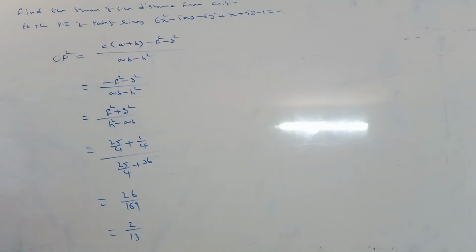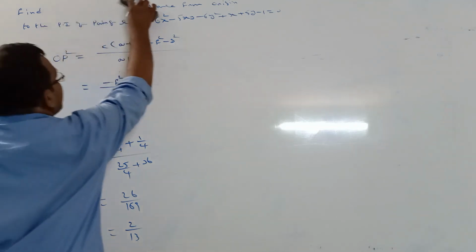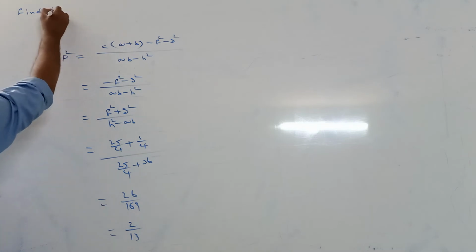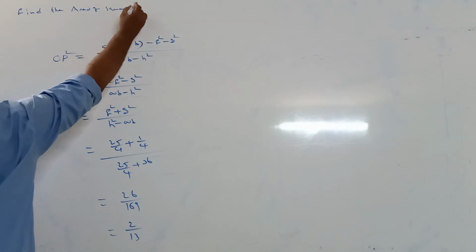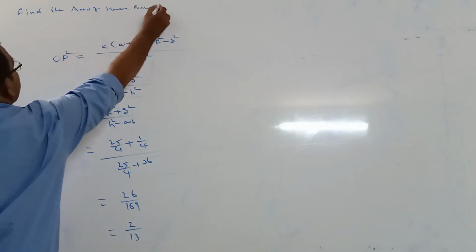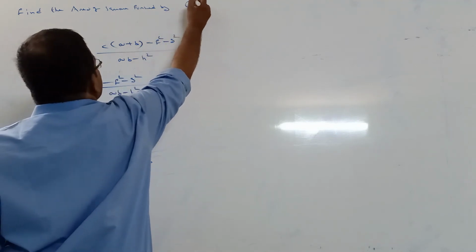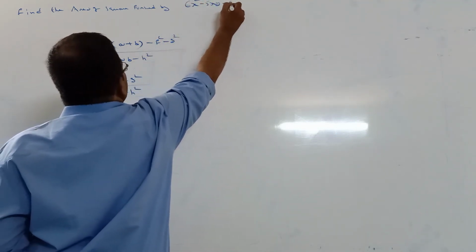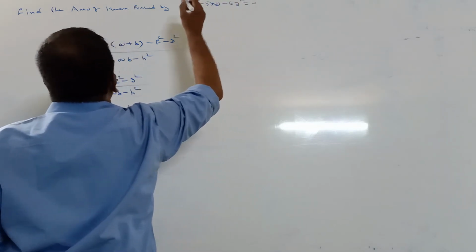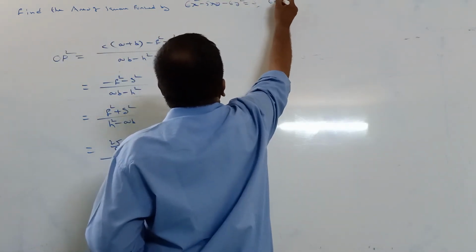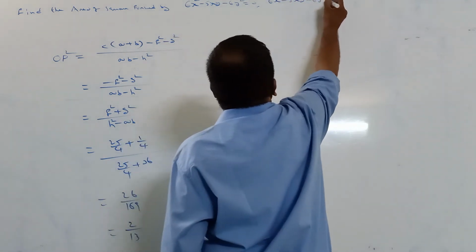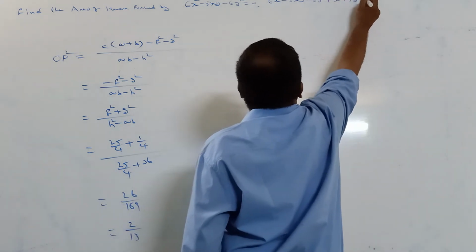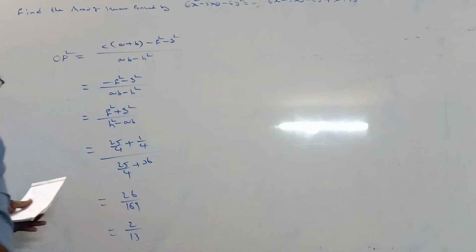Next. Find the area of the square formed by 6x² − 5xy − 6y² = 0 and 6x² − 5xy − 6y² + x + 5y − 1 = 0.